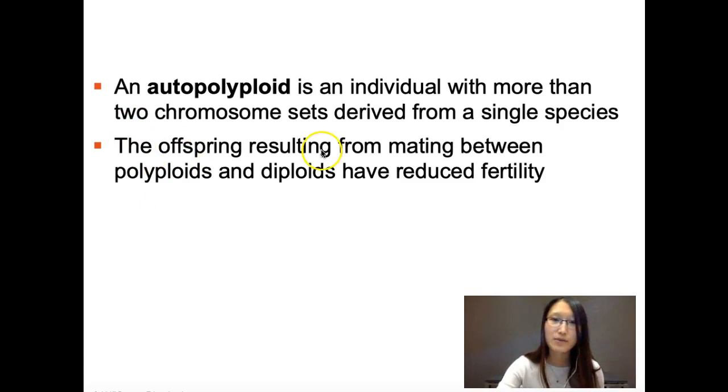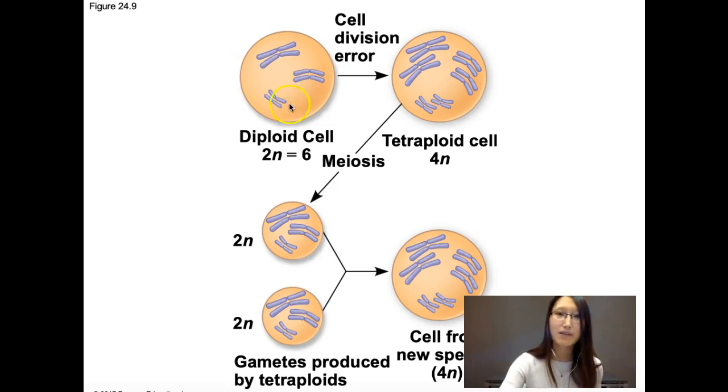So it says the offspring resulting from mating between polyploids and diploids have reduced fertility. So what does this mean? We have an original population, an original cell that's supposed to be diploid, and the 2n number equals 6, meaning that there are 6 separate chromosomes, but we have 2 sets of each type of chromosome. So in total, there are 2 sets of 3.